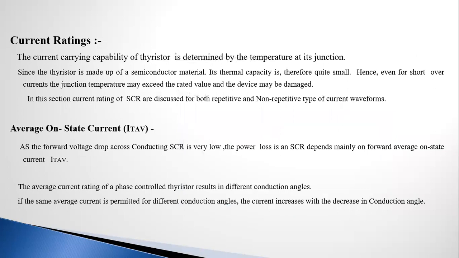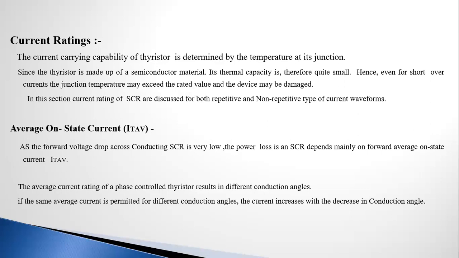Before starting the current rating, as we earlier discussed the voltage rating, that is the anode voltage rating, now we will discuss the current rating. As you know, in any device or appliance, voltage rating is different and current rating is different. In the case of a thyristor, the current carrying capability is determined by the temperature of its junction.